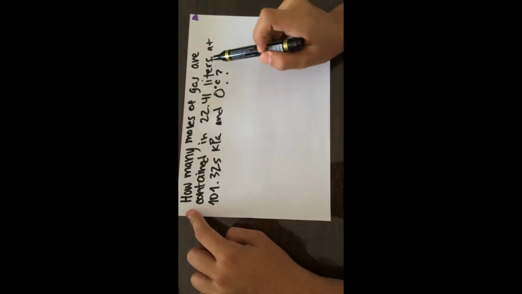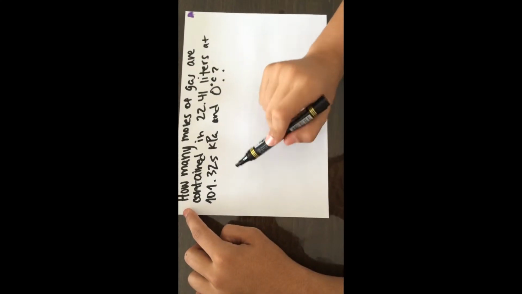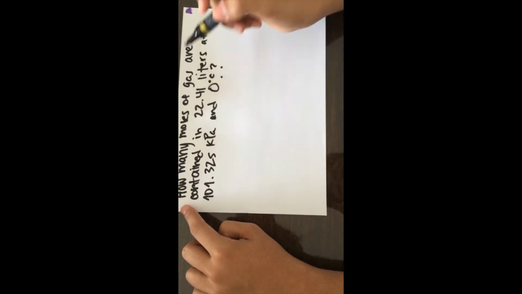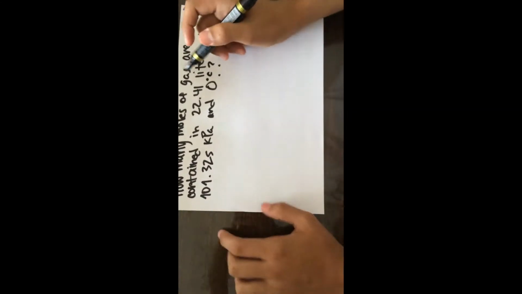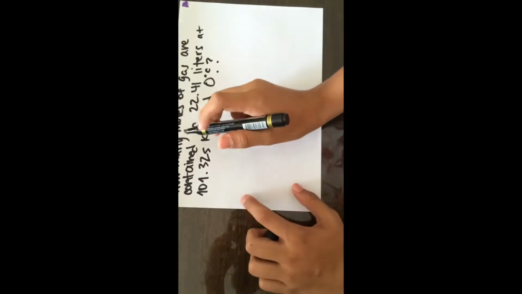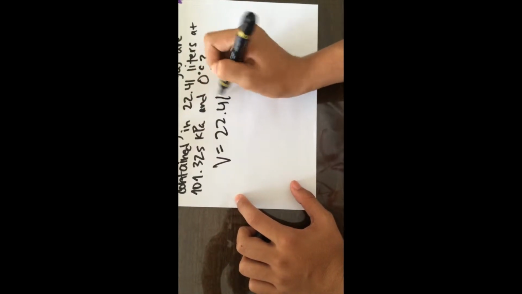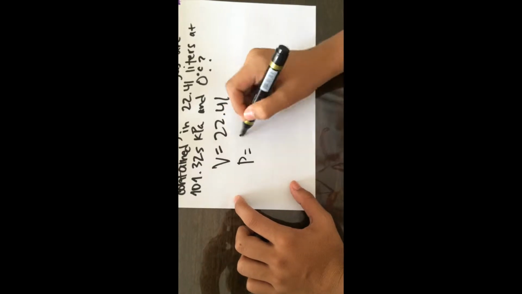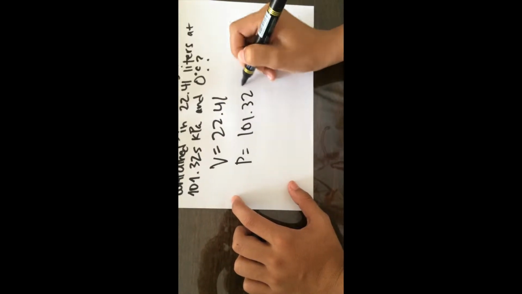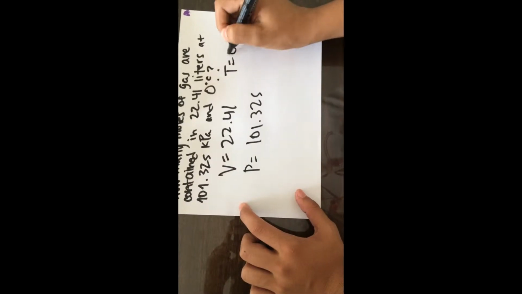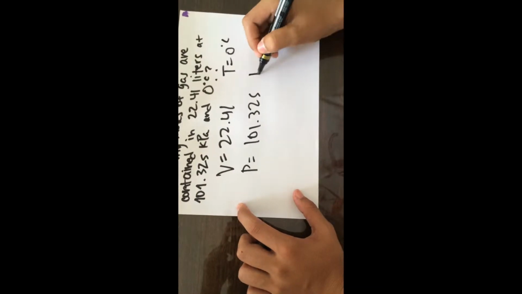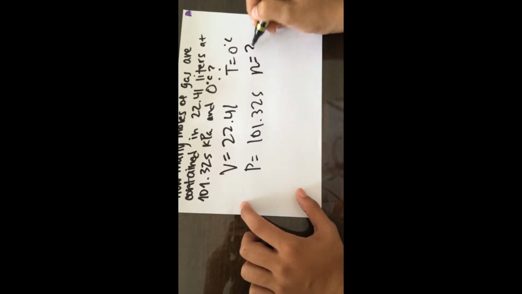How many moles of gas are contained in 22.41 liters at 101.325 kilopascals at 0 degrees Celsius? First, we're going to start off by replacing the variables, where V equals 22.41, P equals 101.325, T equals 0, and n, which is the number of moles, is the unknown.